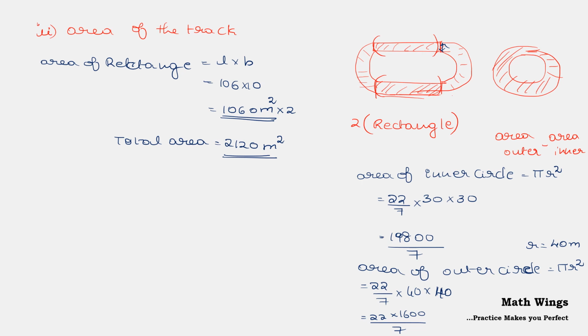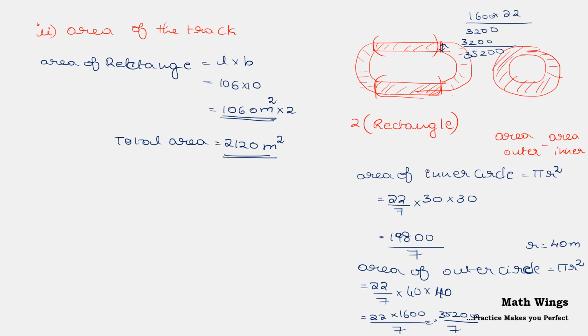So the answer for the area of the outer circle is 22 into 1600, which gives us 35,200 divided by 7. Correct?